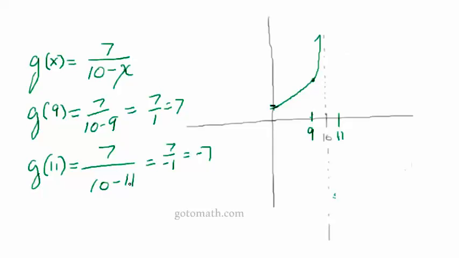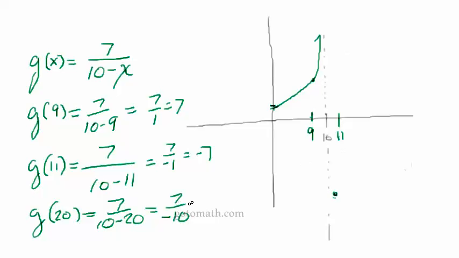So it looks to me like this stays negative down here as the number gets larger and larger. Let's look at g of 20. 10 minus 20 is negative 10, so we get 7 over negative 10, which is negative 7/10. Before we got negative 7, down here somewhere, but now this number's getting smaller.